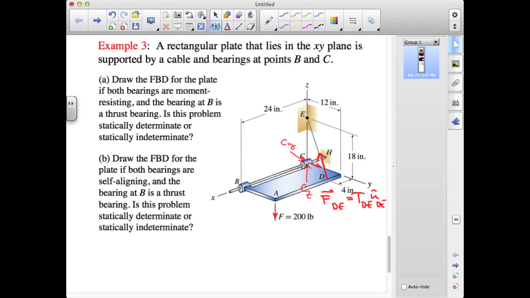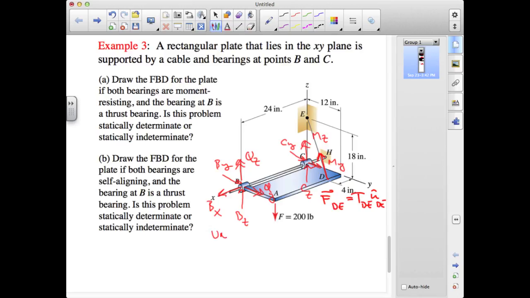So we'll have an My and an Mz. We'll also have a comparable set of reactions at B. So we'll have a By, a Bz. I'll call this moment a Qy and a Qz. And then the bearing at B also is a thrust bearing, so it will have a force component along the shaft.